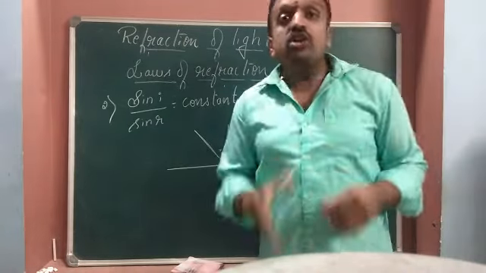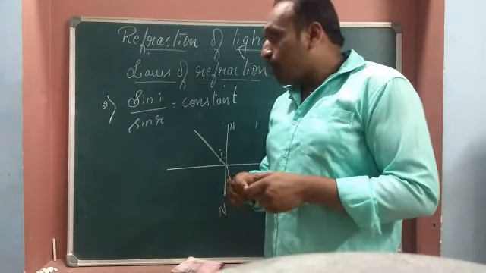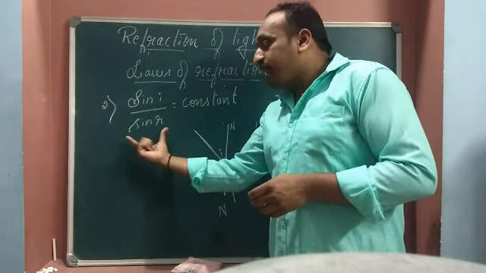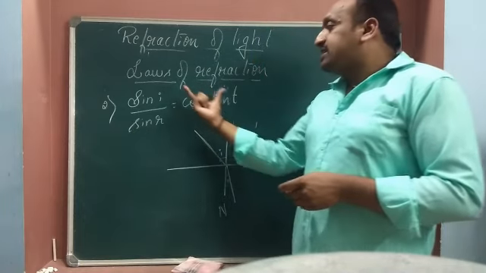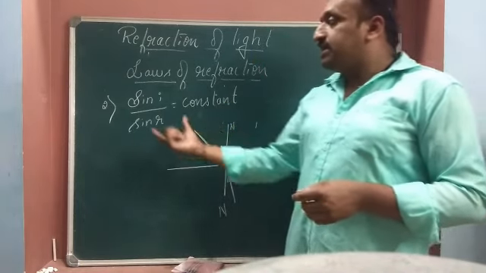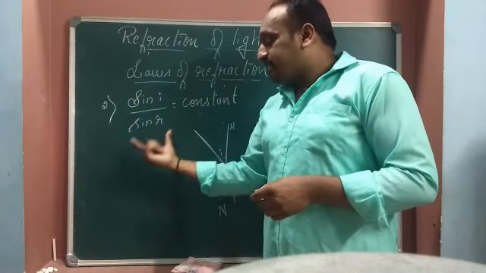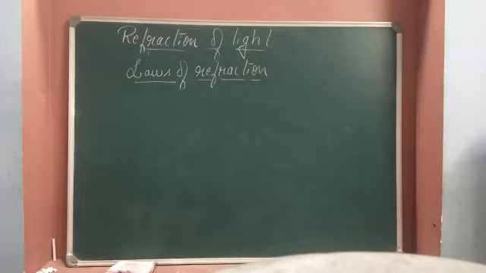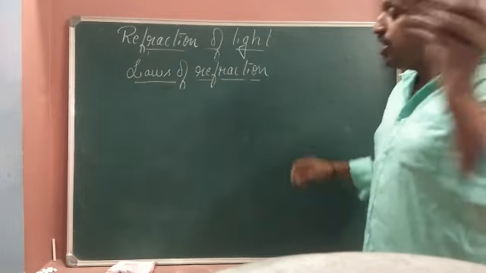And the second law says that the ratio of the sine of the angle of incidence to the sine of the angle of refraction is constant. That is, sine i by sine r is equal to a constant. Now listen.